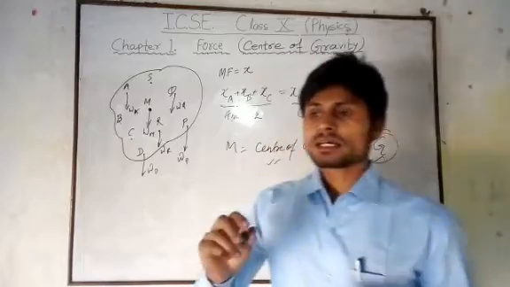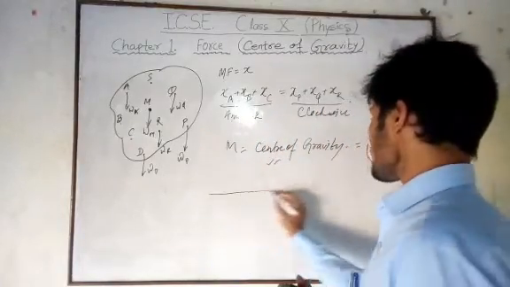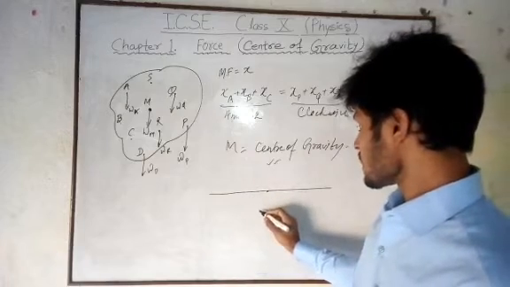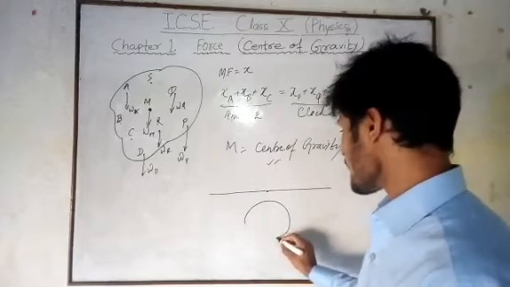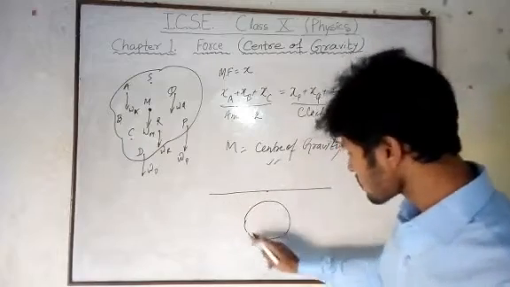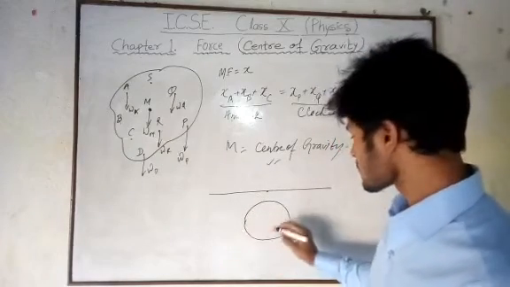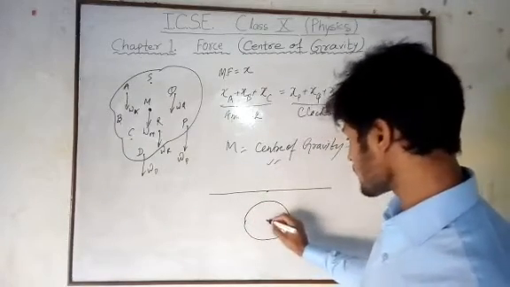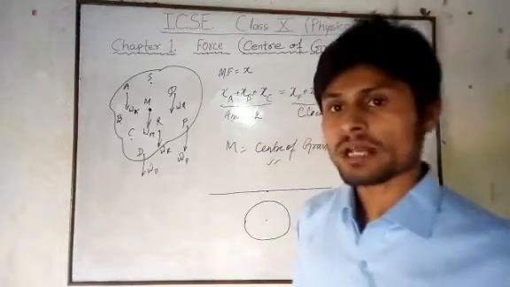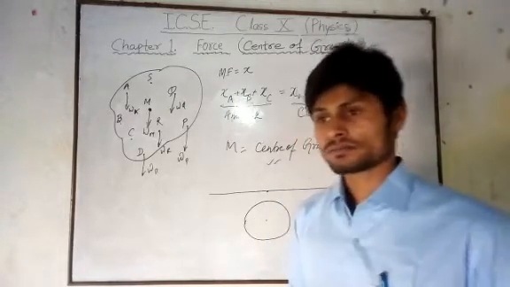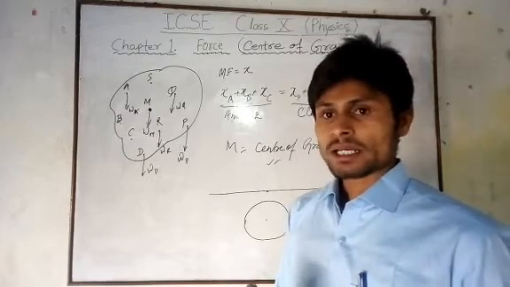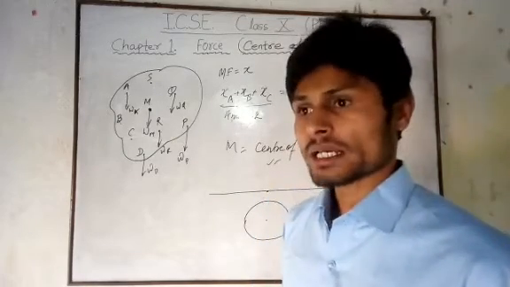Suppose this is the wire and this is the center of gravity. Now if we make a coil from this wire, then the center of gravity of this reshaped body is not inside the material, it is here at the center of the coil. So the center of gravity is completely dependent on the shape of the body. It may or may not be inside the material.